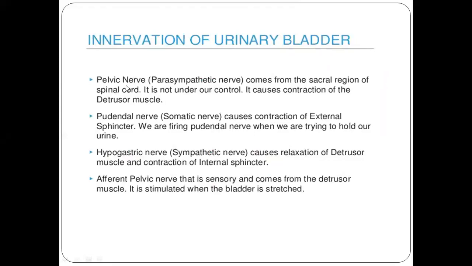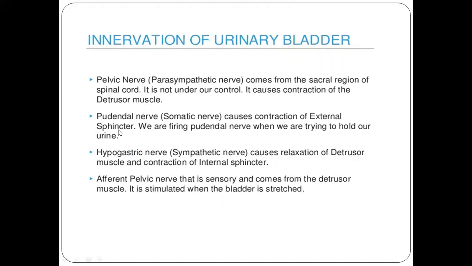Nerve supply is important. The preganglionic parasympathetic fibers come from S2, S3, S4, and cause contraction of the detrusor muscle and relaxation of the sphincter vesicae, while the pudendal nerve causes contraction of the external urethral sphincter.